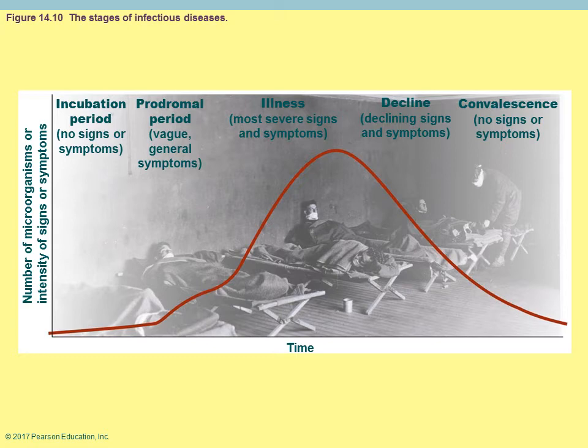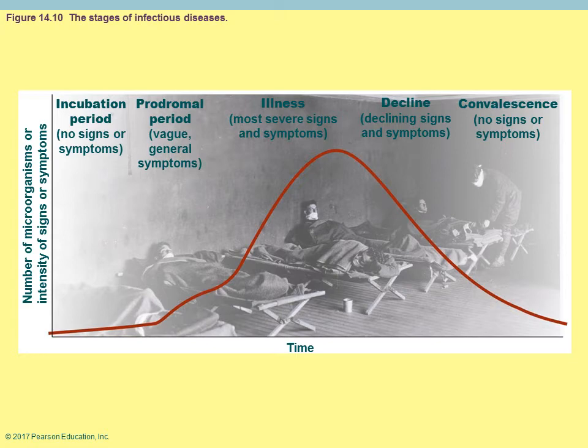Once again, in terms of current events with coronavirus, this is what we're concerned about, that 14-day period of incubation, where you may have been exposed. You could be contagious, and you may not be showing any symptoms.